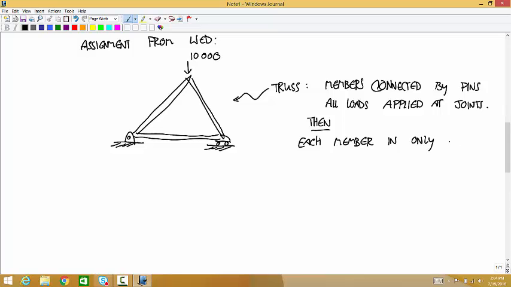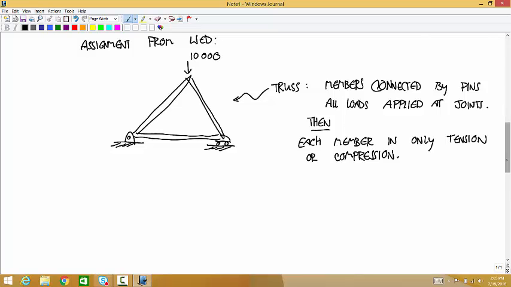So it's in only tension or compression. And so that means that once you figure out what the tension or the compression is in each one of those members, you can use the approach we talked about last time.